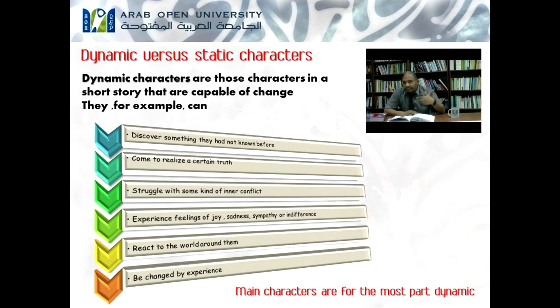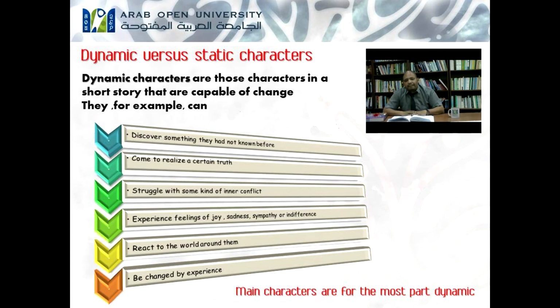If you think of the repertoire of characters that we have taken so far in the different short stories, the previous ones, you can apply these things in your classification if you want to see whether the characters that you have dealt with are dynamic or static.